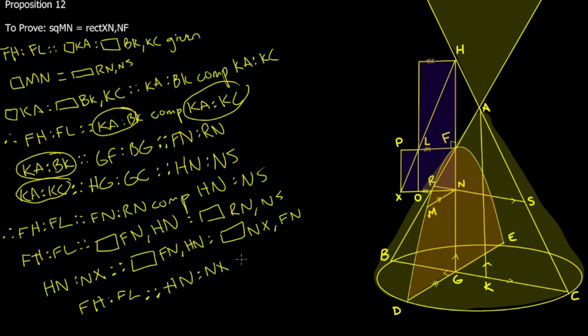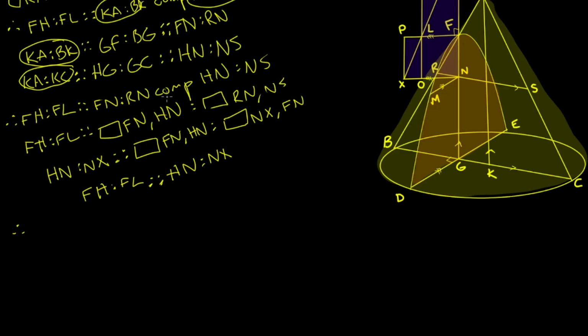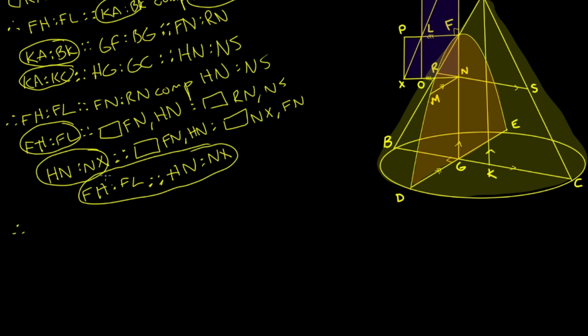Okay, so now we're going to substitute. So on this side we've got FH to FL is this string of things. We've got as HN is to NX, this string of things. And we've got as FH is to FL, HN is to NX. So that means that if these two things are at a ratio, these two things are also in a ratio. So let's substitute.